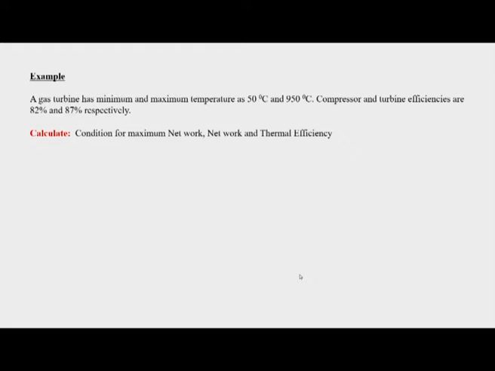So, the things which are given to us are the given conditions. We have Tmin, which is 50 degrees Celsius, so it is 50 plus 273 Kelvin.